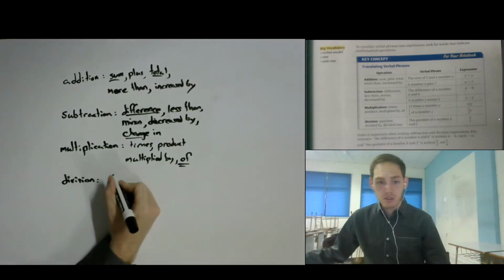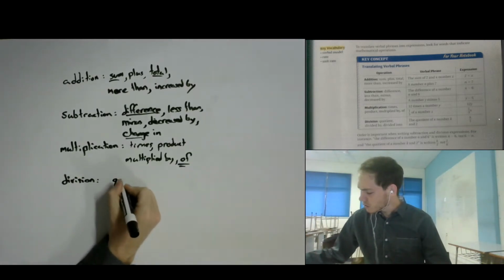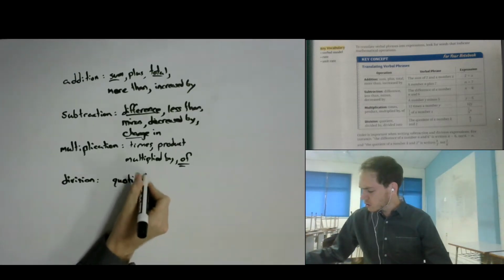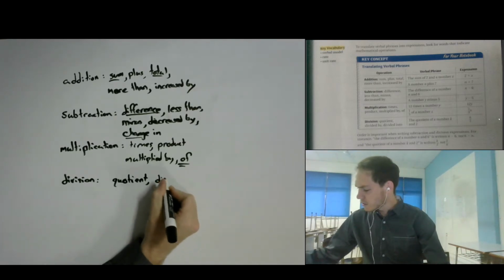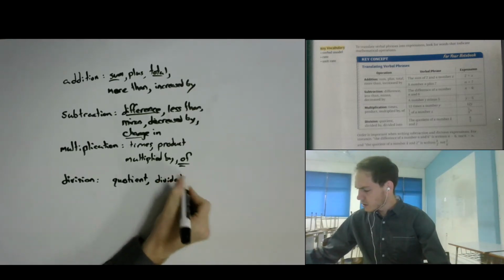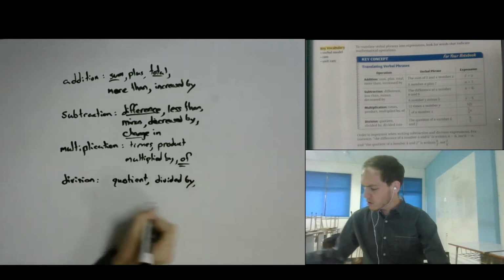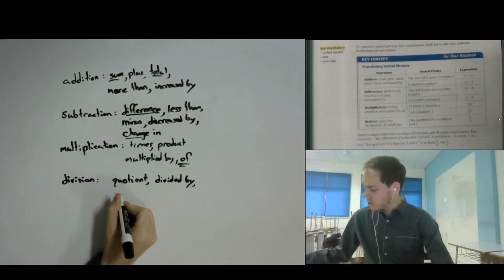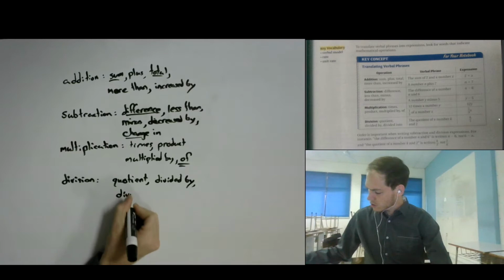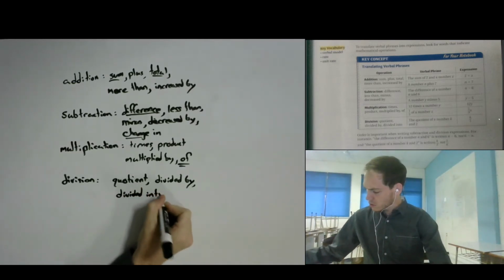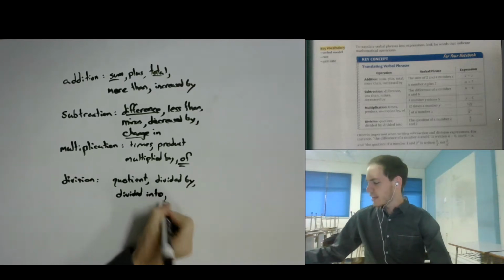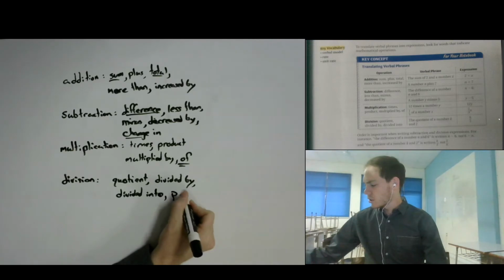And division would be quotient, divided by, divided into. And technically, you can also think the word per.